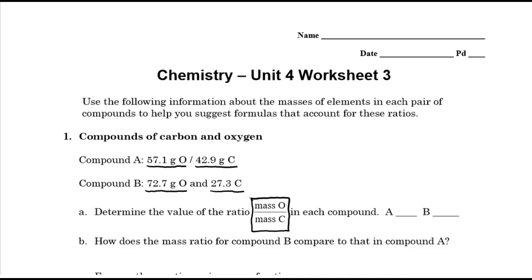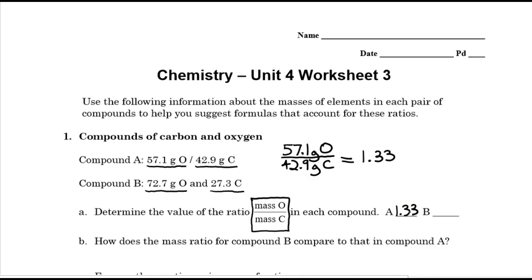So for compound A, we've got 57.1 grams oxygen, 42.9 grams carbon, and if you type those into your calculator and divide, you get a ratio, if we round to 2 decimal places, of 1.33. So for A, our ratio of oxygen to carbon, we'll call it 1.33.